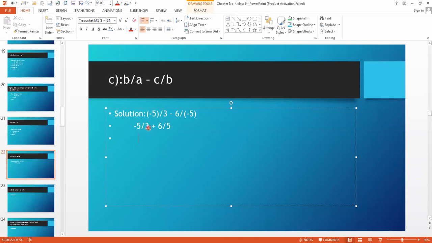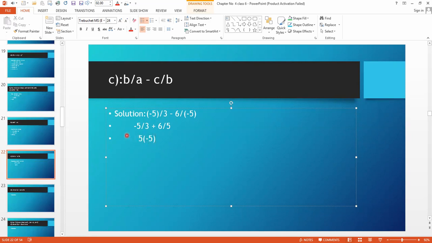In the 3 times table, 15 comes at 3 fives are 15. And now I have to multiply 5 with 5. Look here. LCM is 15. So I have to multiply 5 with this minus 5.